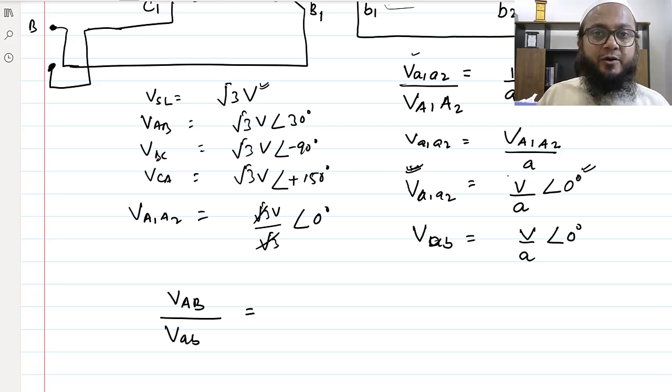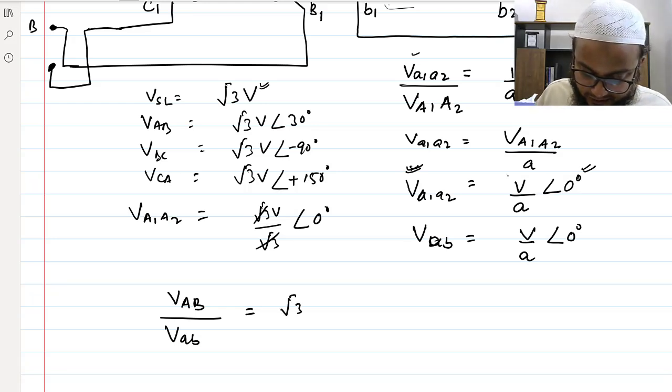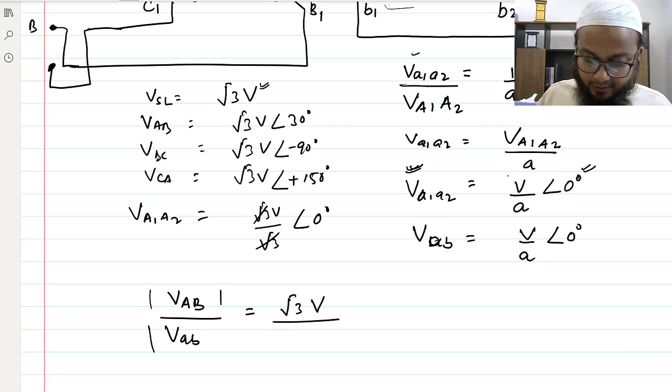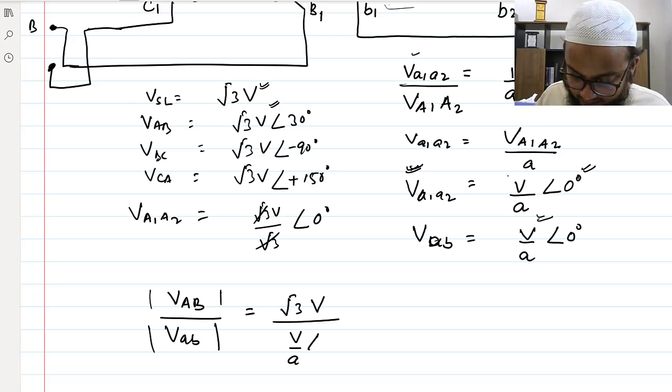If I want to find the transformation ratio, this value would be root 3V upon V by A. I'm not bothered about the angle here, so I'm taking the magnitude only. So root 3V is the line voltage of the primary side, and the line voltage at the secondary side would be V by A, which is nothing but root 3 times A.